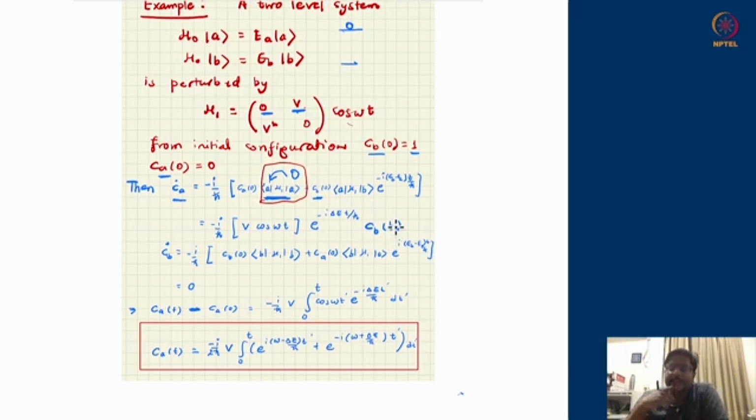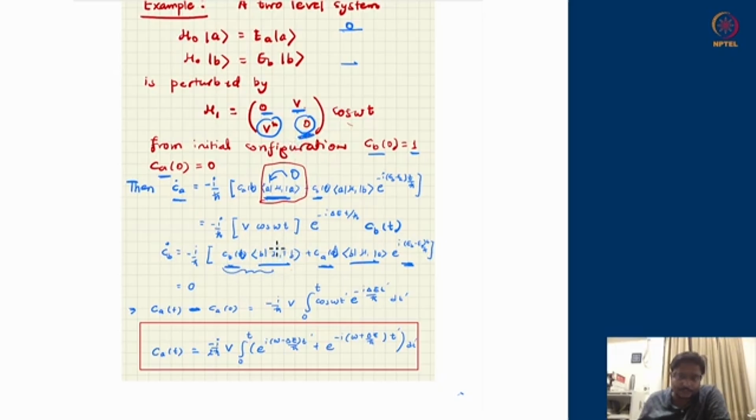Similarly, if I look at the growth rate of the other coefficient Cb dot, then the minus iota upon h bar term will be common. Then I will have a Cb at time t, and Ca at time t as well. So at any general time, these equations have to be satisfied. So I would have this differential equation. The first term comes with Cb of t and the second diagonal entry, this part, and then Ca of t and the second off-diagonal entry is this part. Now in this Cb dot equation, the first term becomes identically 0 because the second diagonal element is 0.